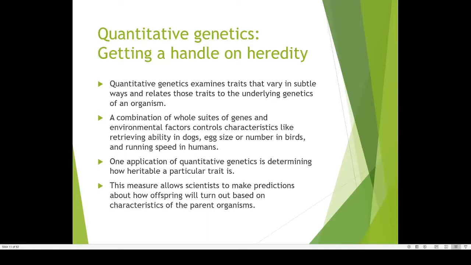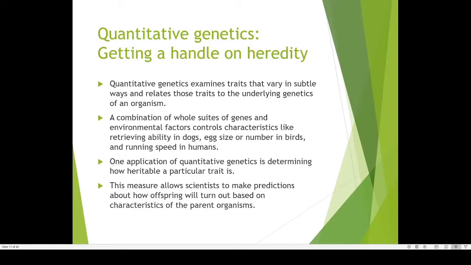A combination of whole suites of genes and environmental factors controls characteristics like retrieving ability in dogs, egg size or number in birds, and running speed in humans. One application of quantitative genetics is determining how heritable a particular trait is, or how much you can inherit it. So that's one of its determining applications.